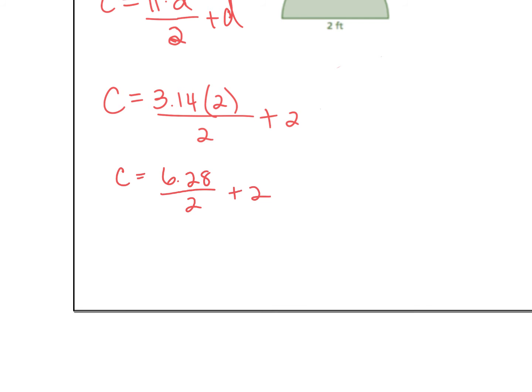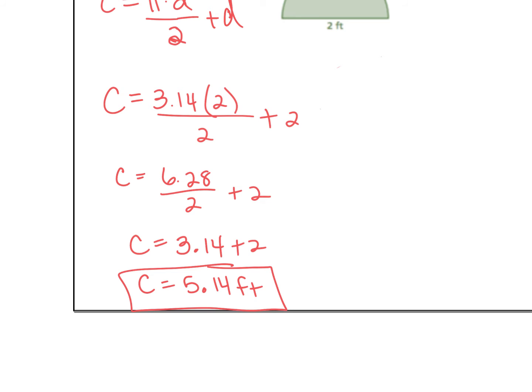And then I divide that by 2, and I'm going to get 3.14. And then I'm going to add 2 to that. So I will end up with C equals 5.14 feet. And that is my final answer.